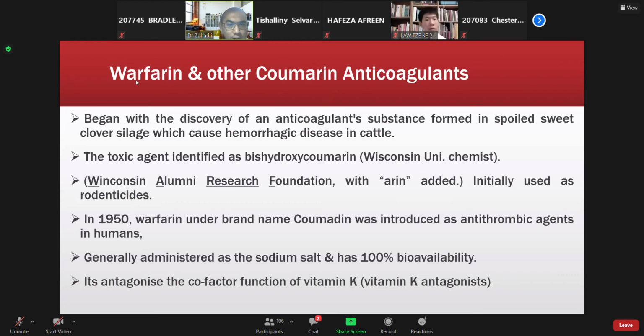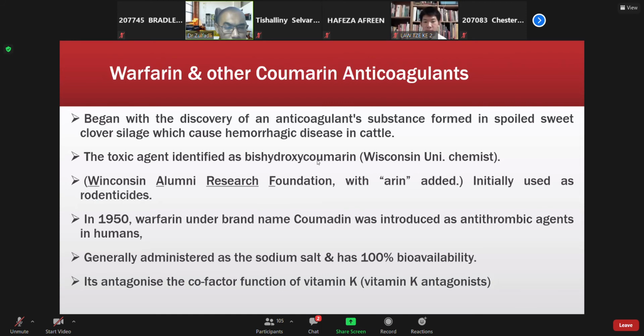Warfarin and other coumarin anticoagulants. So when we talk about anticoagulants, warfarin is the first drug being developed by a University of Wisconsin chemist.